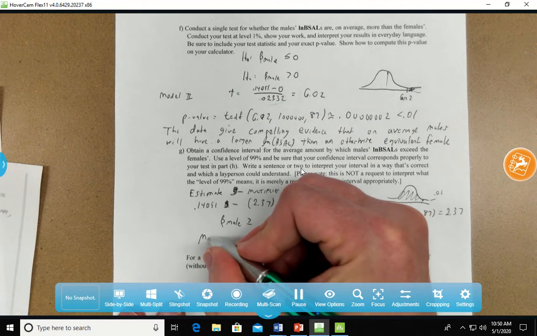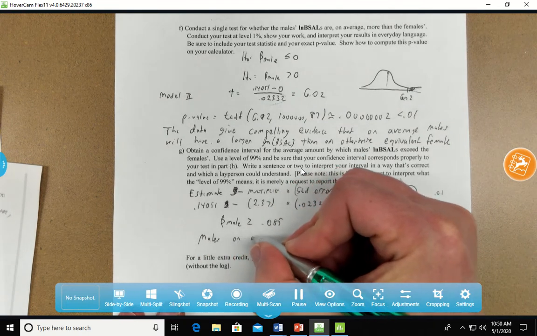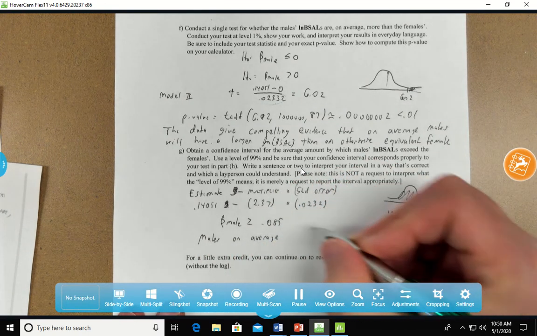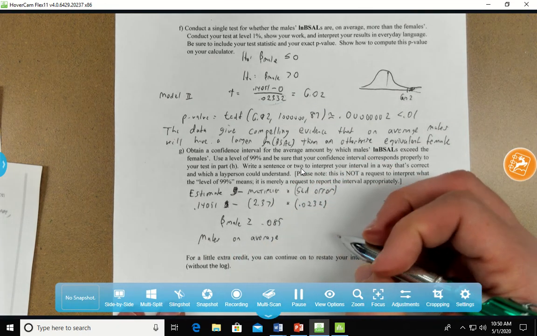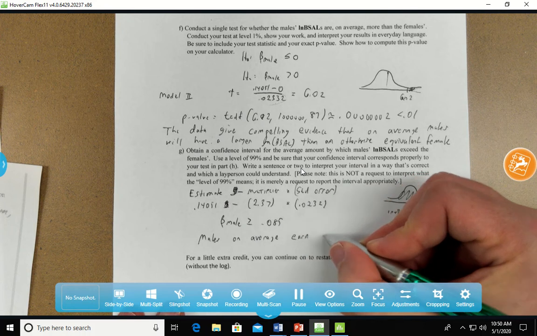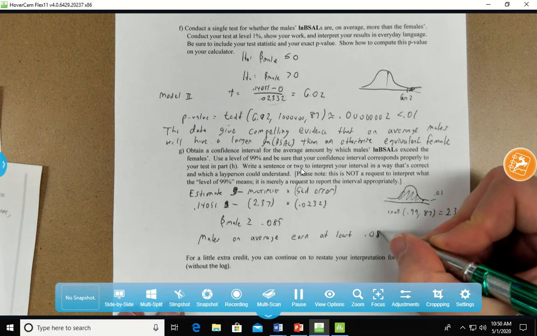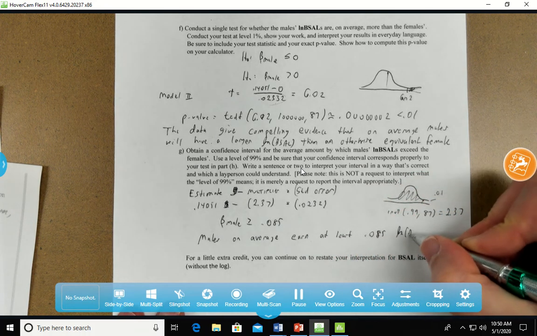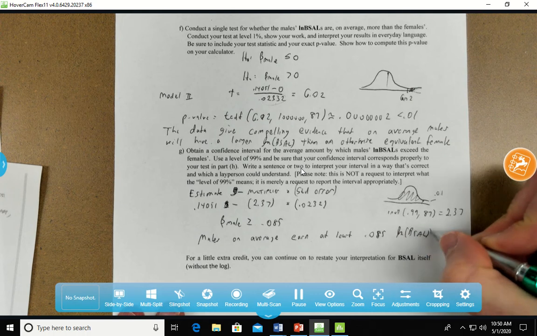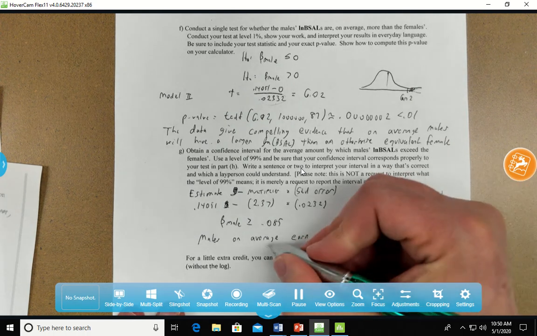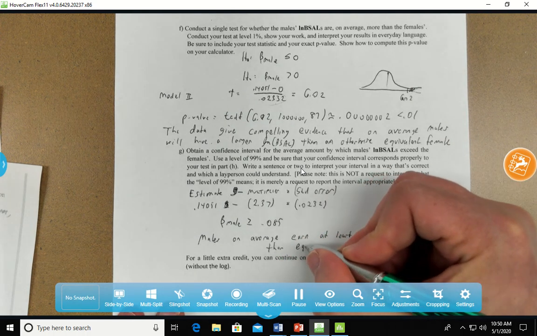So males on average earn at least 0.085 logarithmic of bank salary than equivalent females.